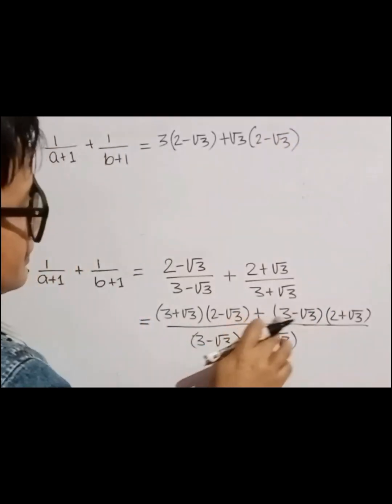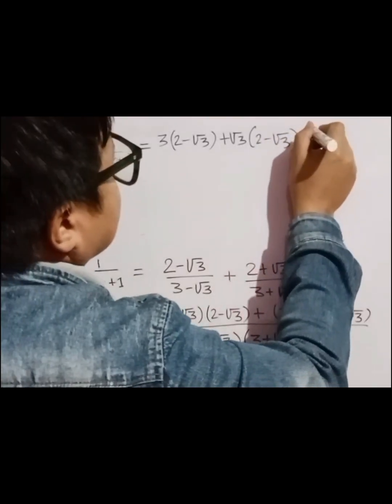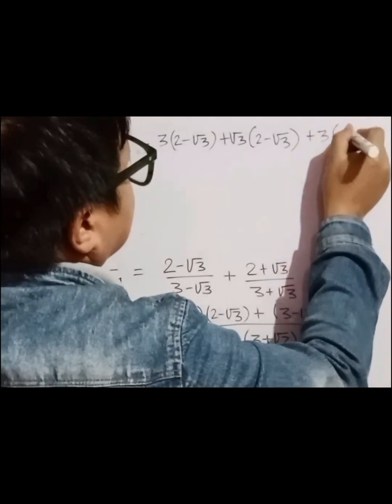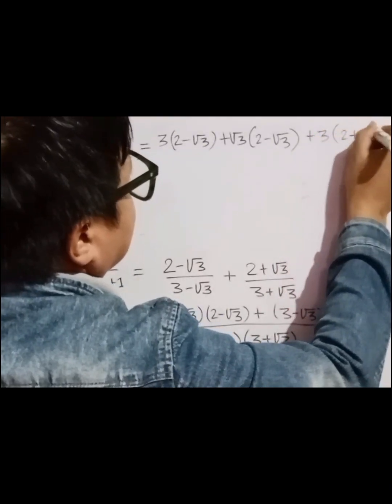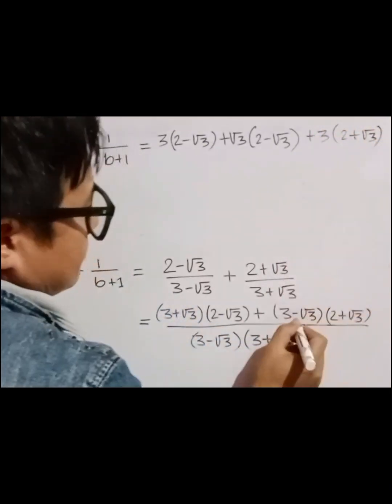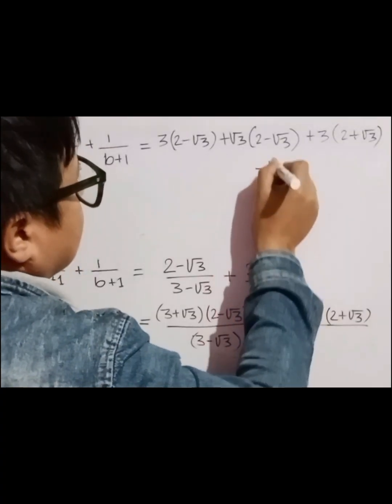Similarly for the second number, 3 into 2 plus root 3, minus root 3 into 2 plus root 3. Here we are following the distributive law, and in the denominator we have to write the product of these two numbers.